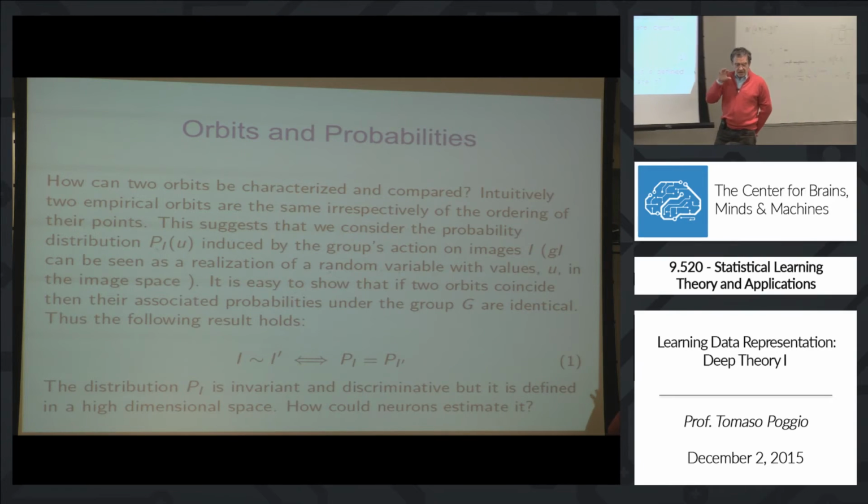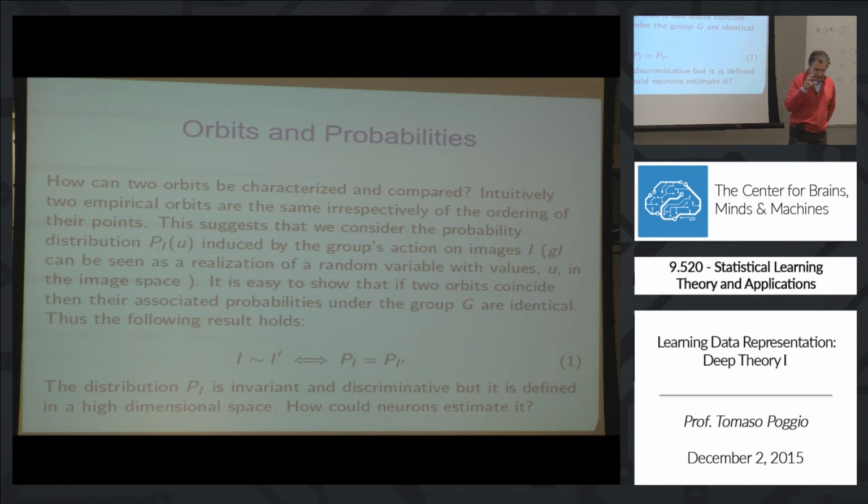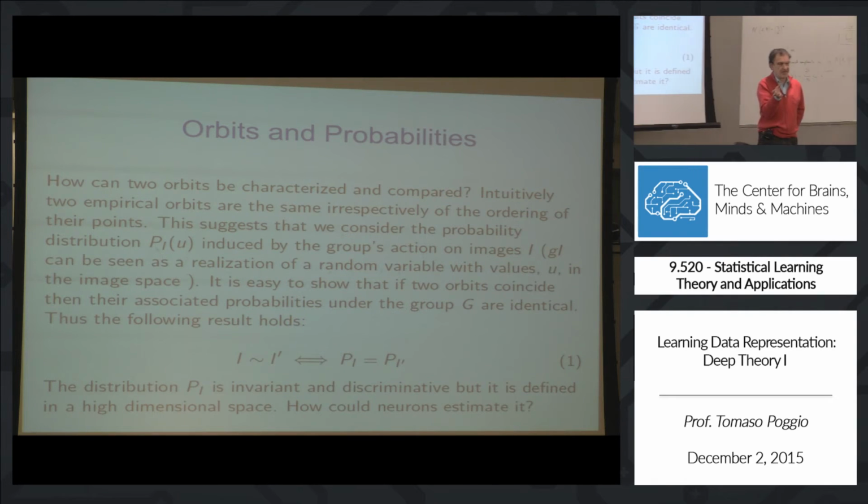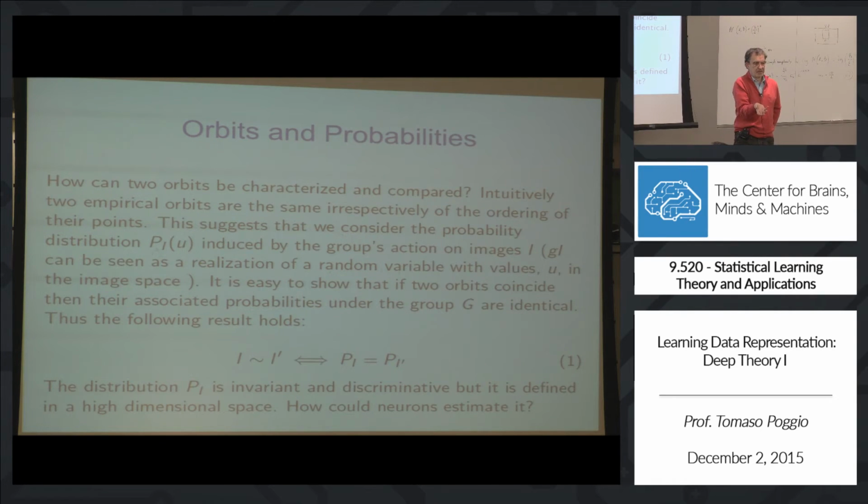So the orbit generated by a group and corresponding to my face is the set of all faces that the rotation group in this case can generate. Okay? So it's just the set of all possible transformations under that group.